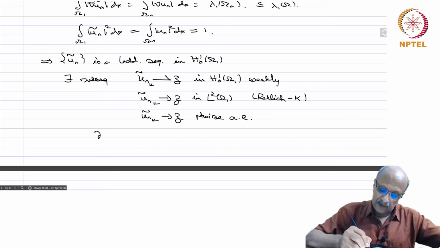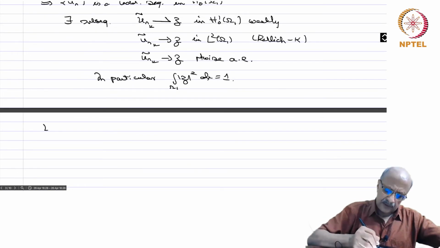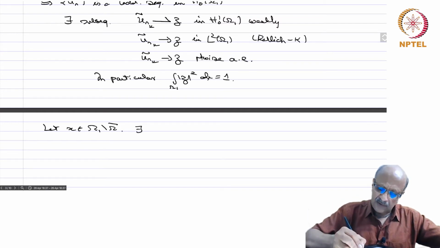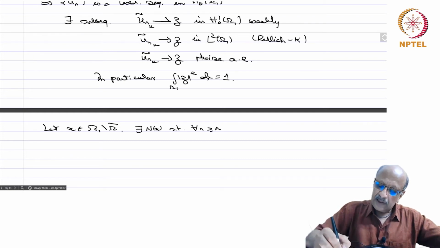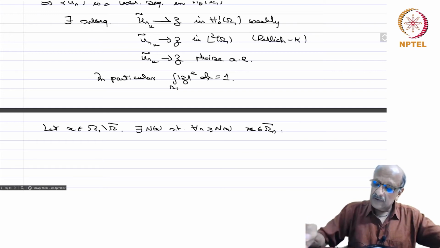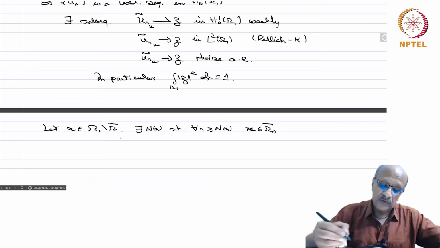In particular, the integral on Omega_1 of |z| squared dx equals 1. So, let x belong to Omega_1 minus Omega bar. Therefore, there exists an n_x such that for all n greater or equal to n_x, x does not belong to the closure of Omega_n, because it is a decreasing sequence and x is not in Omega closure, which is the intersection.